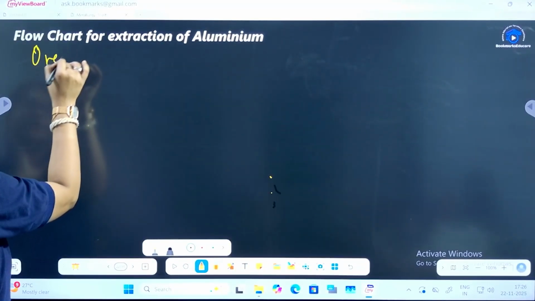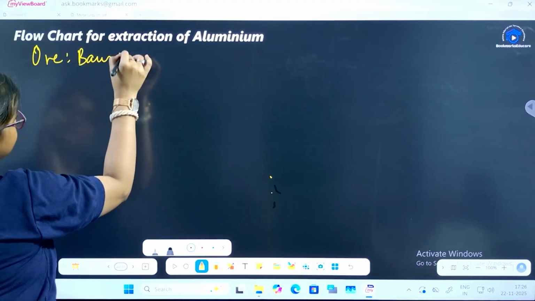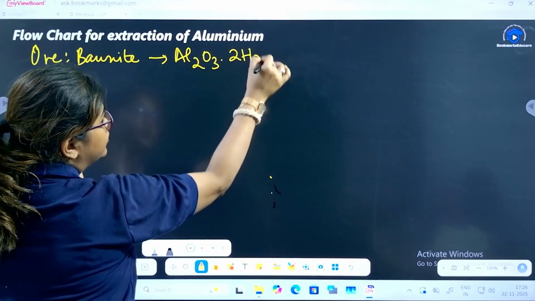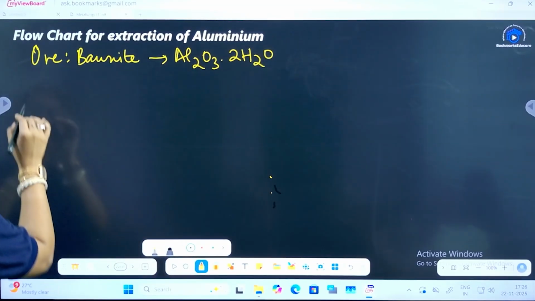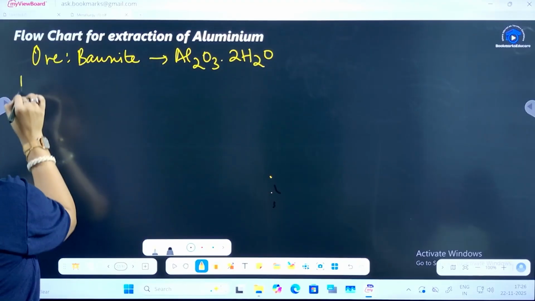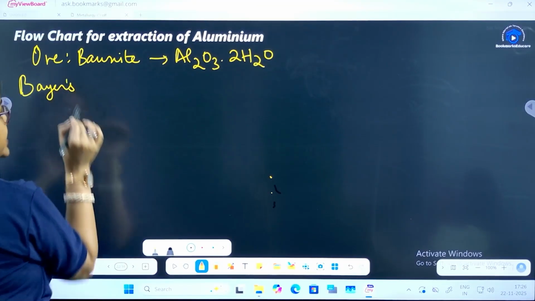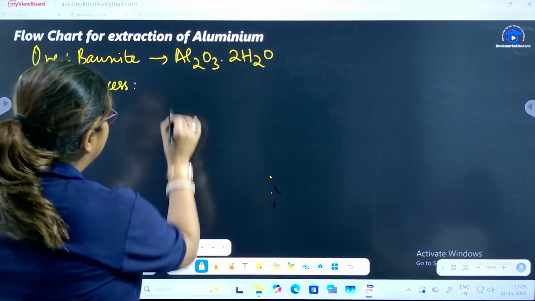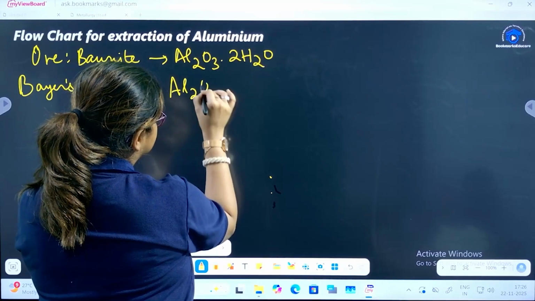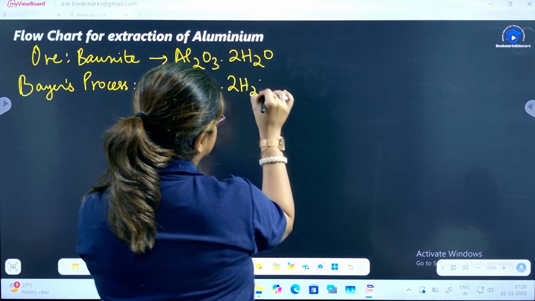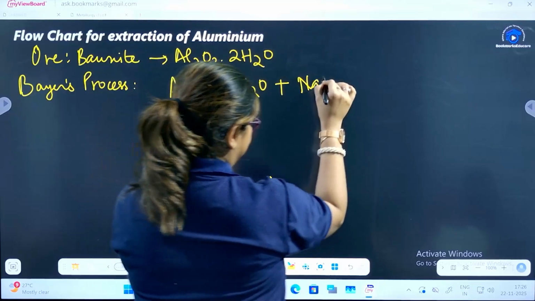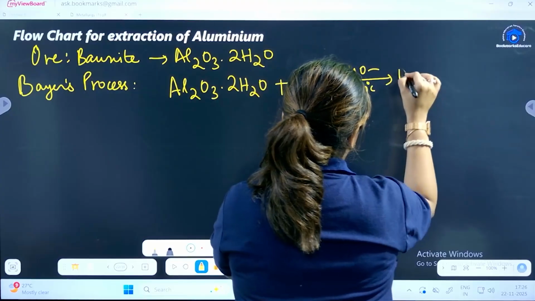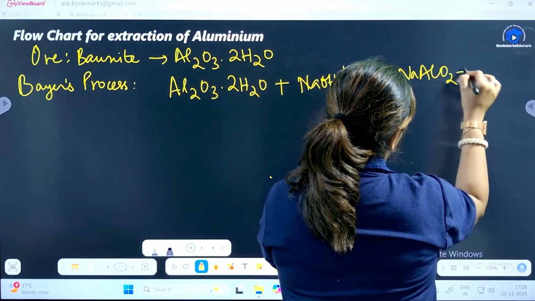So the ore was bauxite, that is Al2O3.2H2O, right? The first step was what? Crushing, grinding. Then comes the concentration of the ore by the Bayer's process, where I have sodium metaaluminate plus water.